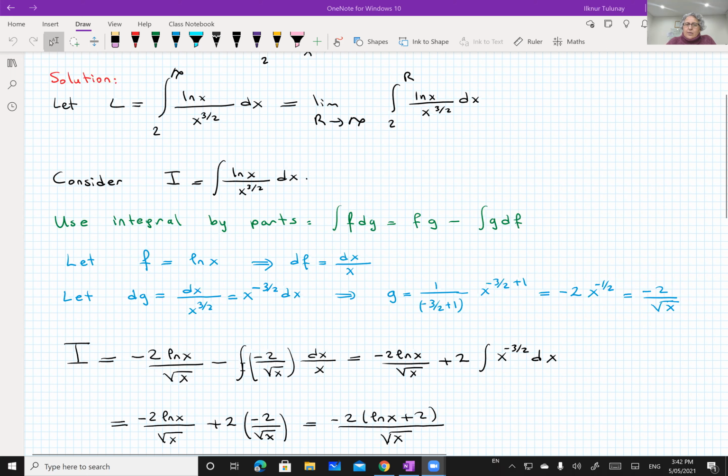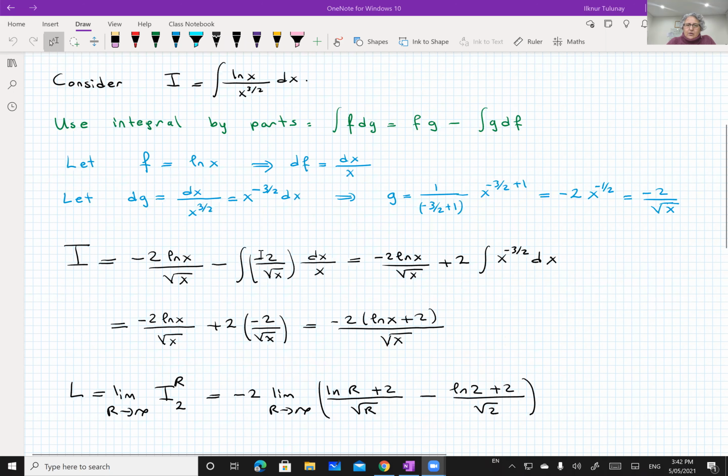Then minus the integral of minus 2 over root x, that is g, and then this is the df. Now, this is a constant, we can take it out. Minus minus will be plus. Then we have this, which needs to be integrated. It will be exactly the integration of this as we've done here, so we can just copy it down: minus 2 over root x.